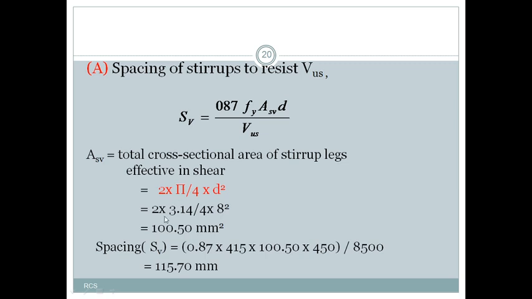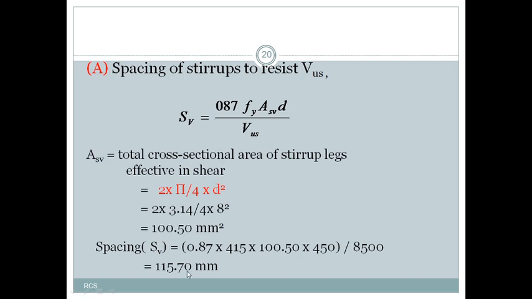If you simplify or calculate, we'll get the value of ASV equal to 100.50 mm square. Already the effective depth you know, Fy you know, and you know what VUS is, that is the strength of shear reinforcement. If you substitute all those values in this formula, we'll calculate the spacing.